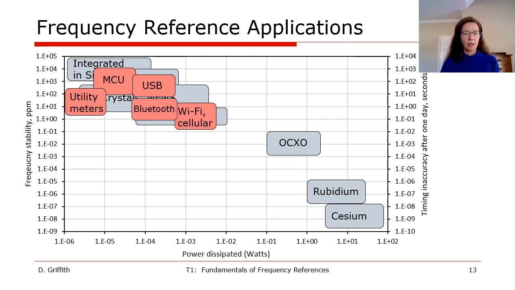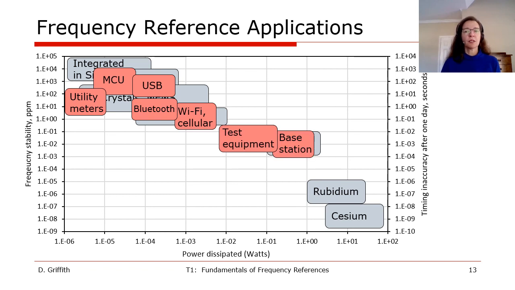Next, we see many wireless standards, such as Bluetooth, Wi-Fi, and cellular, which require accuracy in the range of 5 to 50 ppm, but they can support slightly higher power consumption that this accuracy requires. These standards typically use crystal and MEMS oscillators or TCXOs.